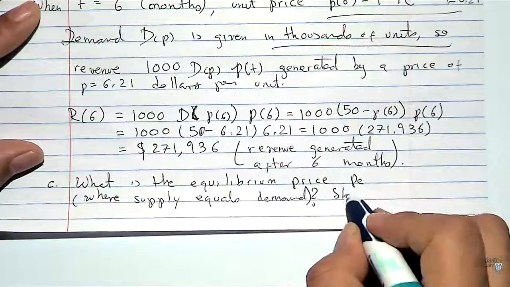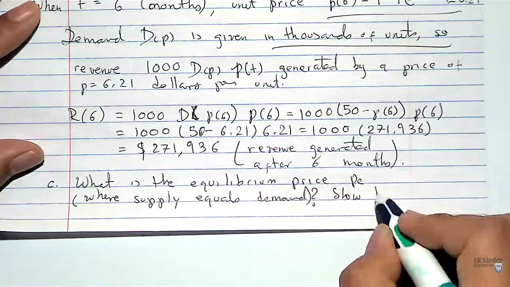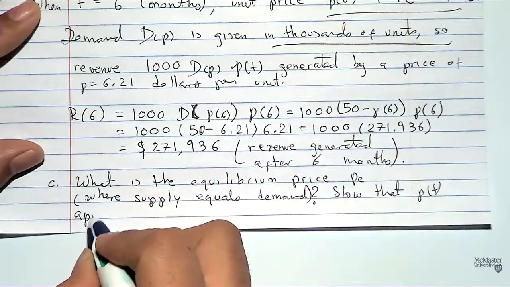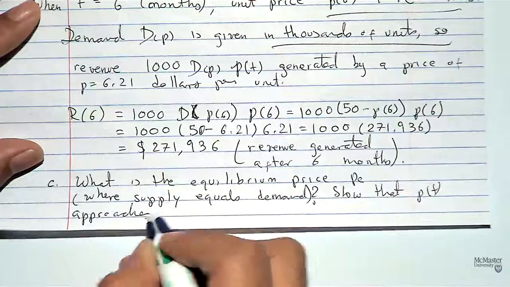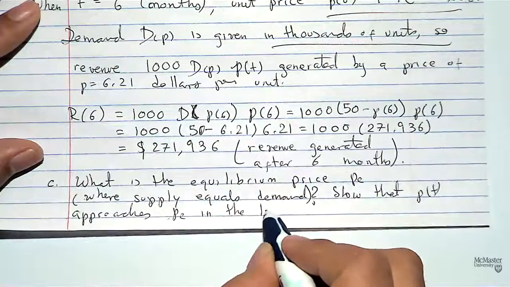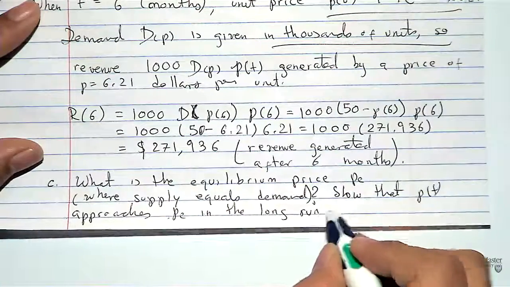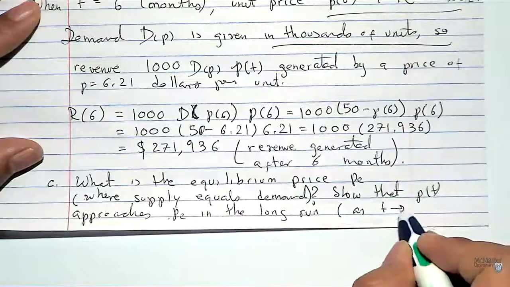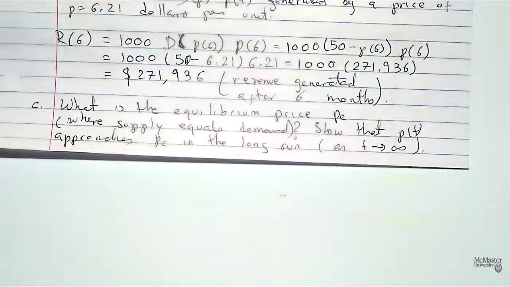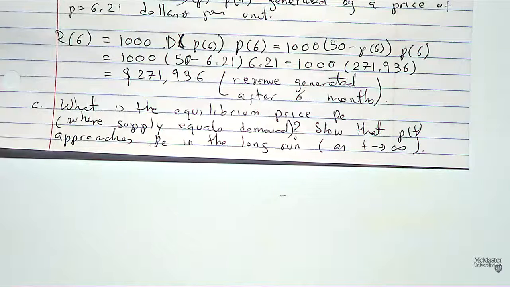Then you're also told to show that P(t) approaches this value, P(E), in the long run, which for the sake of the model means that as t approaches infinity. Well, it's asking you to solve for the static case, actually.